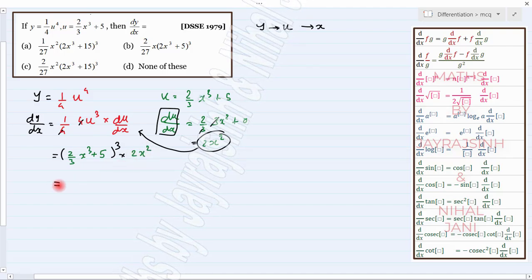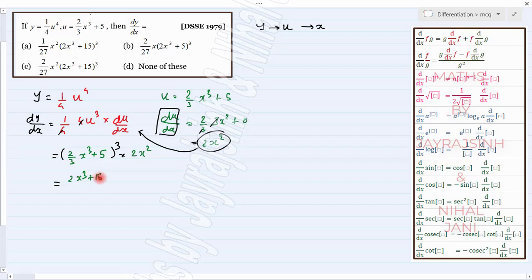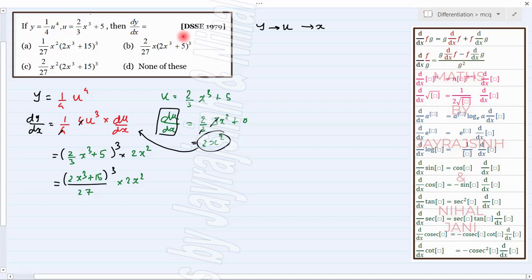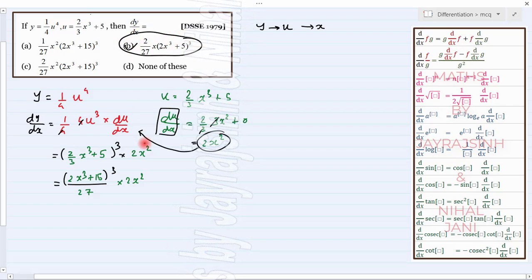By taking LCM, we will get (2x cube plus 15) whole cube divided by 27 into 2x square is your final answer, which is given in option B. Ta-da!